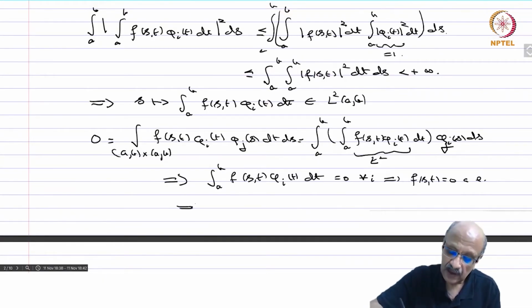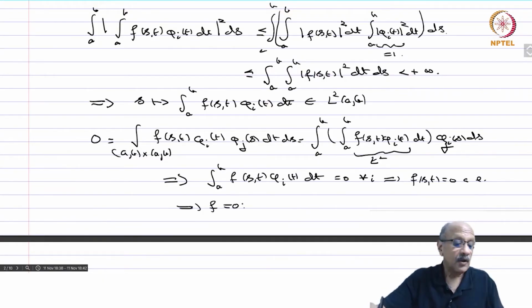So this implies that f equals 0, and therefore we have completeness of the orthonormal basis.